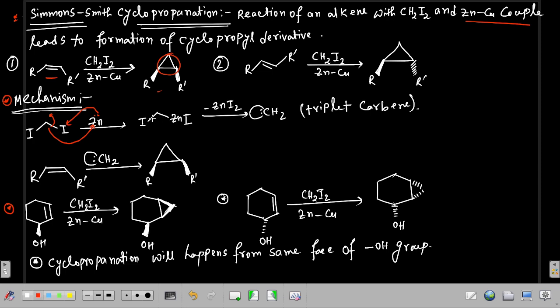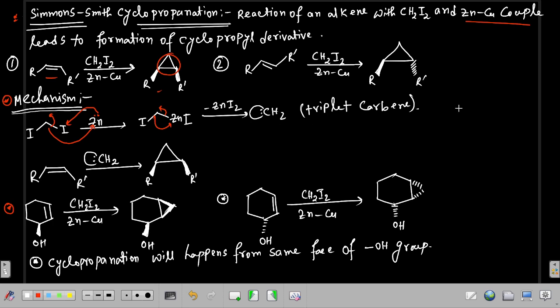Next, this bond will break, and this bond will break and it will combine with ZnI2. So there will be removal of the zinc iodide, and it leads to the formation of CH2 carbene.